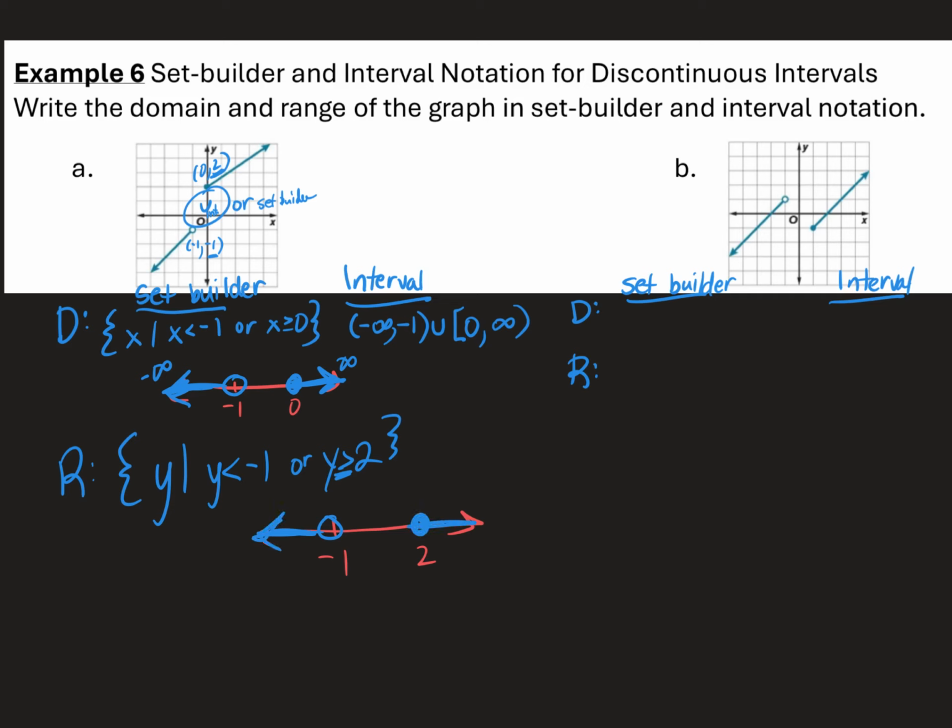Closed circle, shade to the right, greater than or equal to 2. Okay, so let's write that in interval notation. From negative infinity to -1 with a parenthesis, union, 2 to infinity.